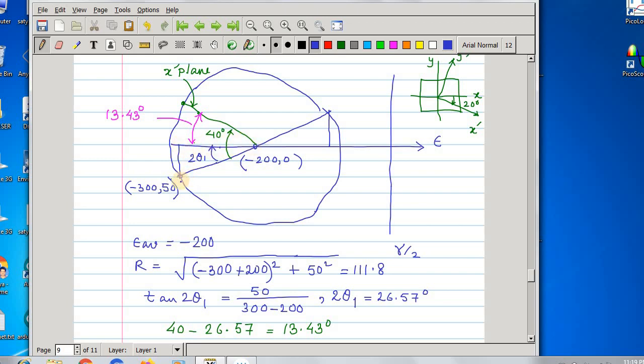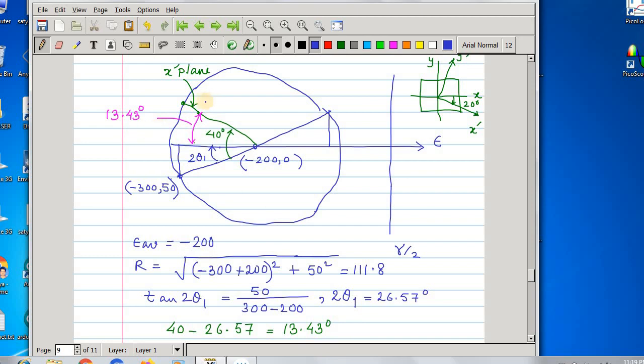So this is 100. So 50 by 100. So this 2 theta 1 is 26.57 degrees. That means this is 40 degrees. So 40 minus 2 theta 1 is giving this pink one, which is 13.43 degree.